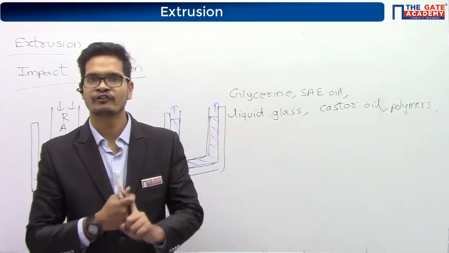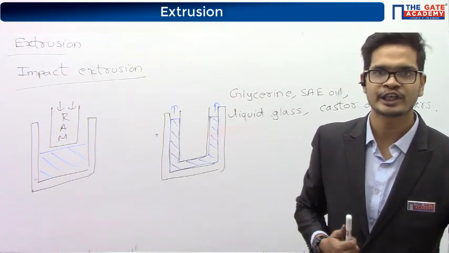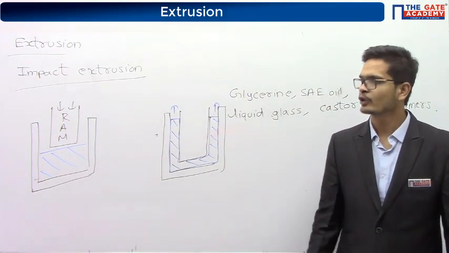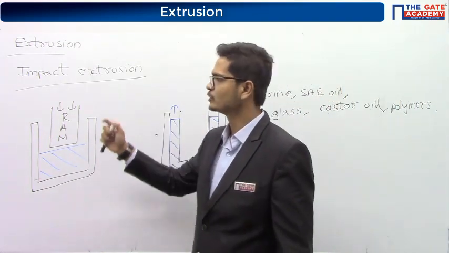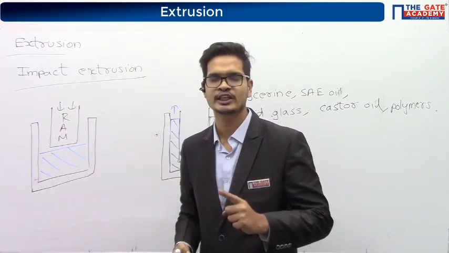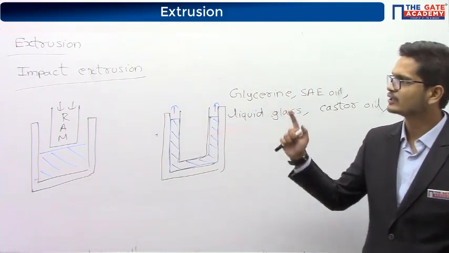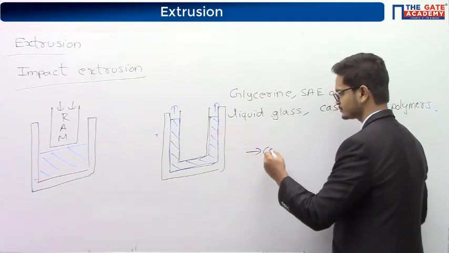So this is a very famous question asked in many exams. How are the cosmetic tubes made? They are made by impact extrusion. Okay. So only one question you can expect from impact extrusion. The question is, how are the collapsible tubes, that is the tubes that are used in toothpaste and cosmetic products, made? They are made by impact extrusion.